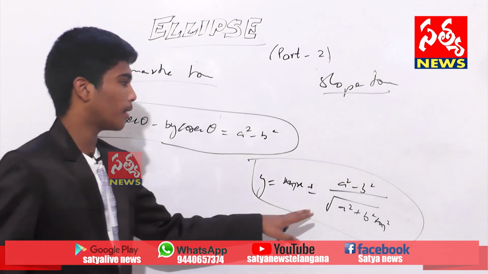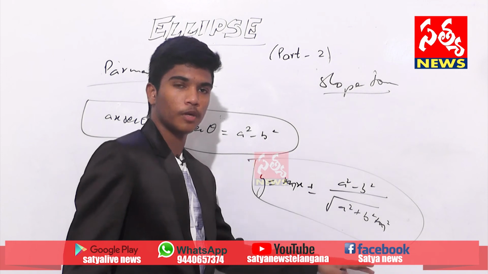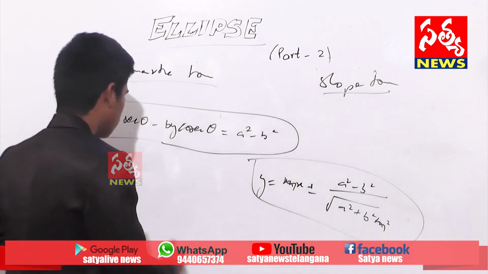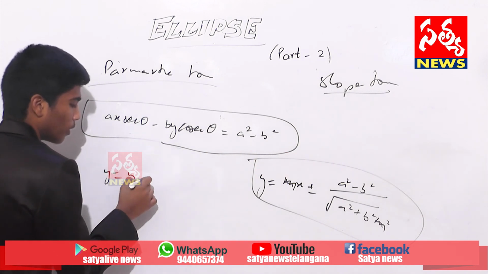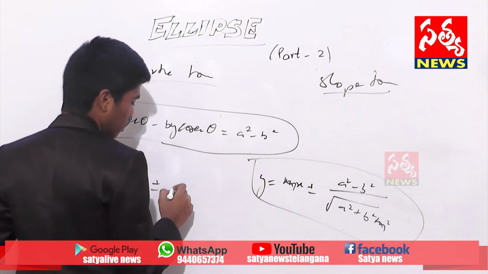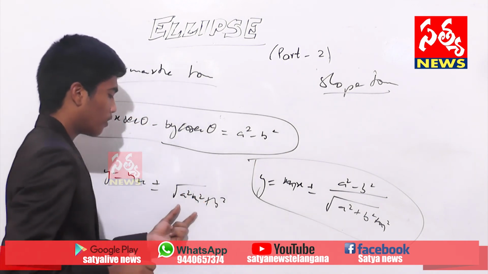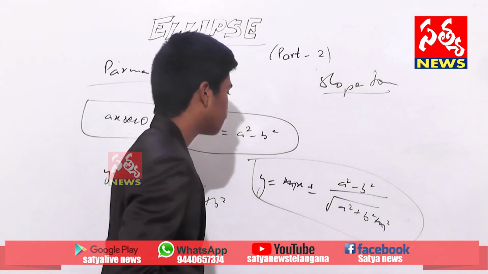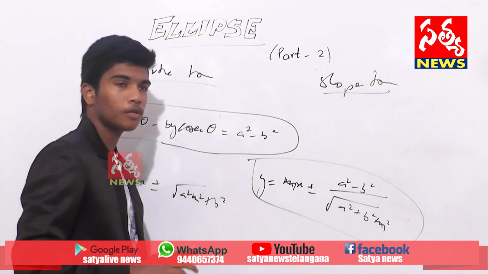Be careful here: in the slope form of tangent we get y is equal to mx plus or minus under root of a square m square plus b square. For a square we will get m square, but here for b square we will get m square. Be careful, please remember these formulas.